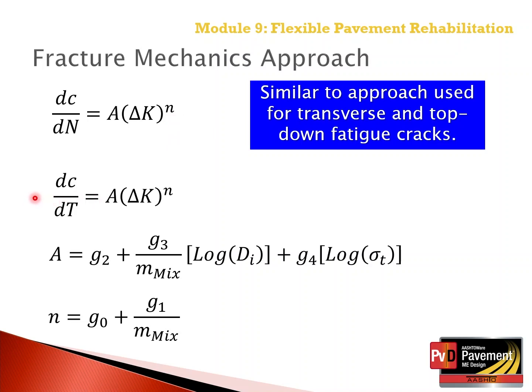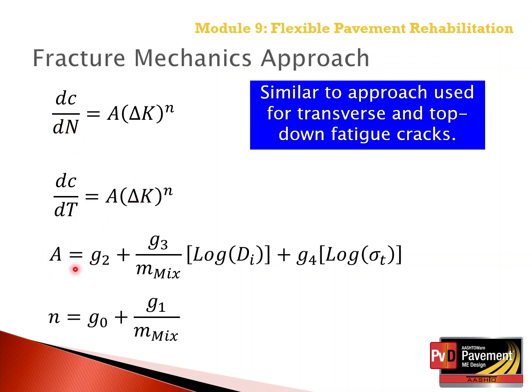The second portion is the increase in crack depth caused by incremental increases in thermal cycles, related to the stress intensity factors related to thermal cycling rather than through the number of load cycles.